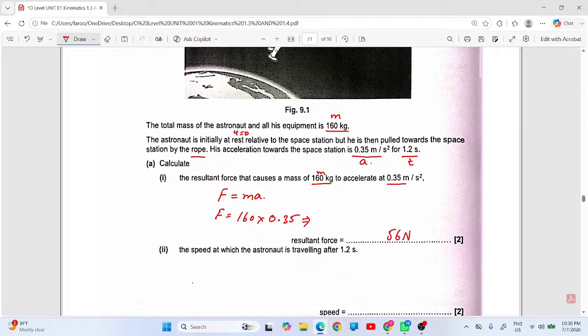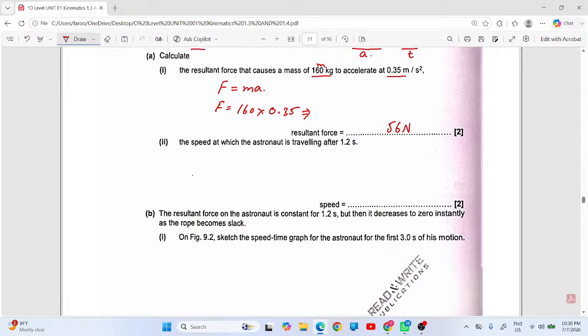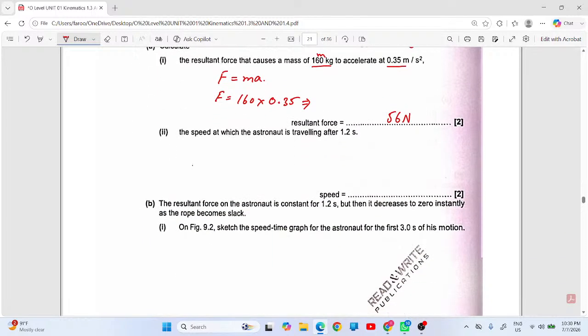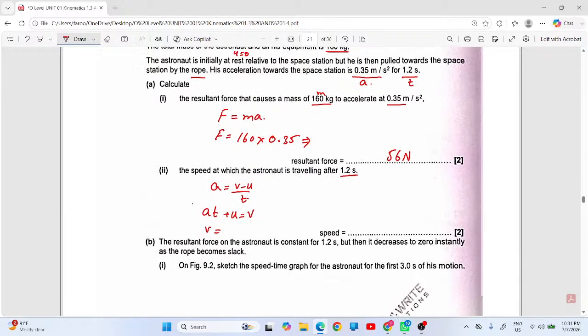Next is the speed at which the astronaut is traveling at 1.2 seconds. So you have to find the final speed. So a equals v minus u over t, so v equals u plus at. Initially, the astronaut is at rest.